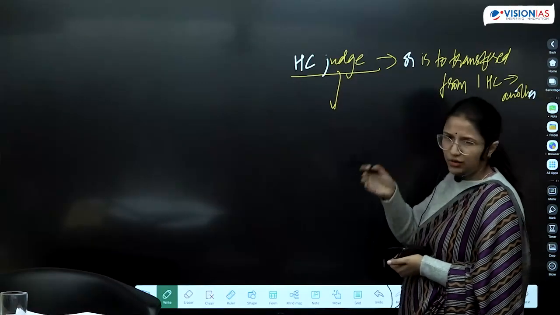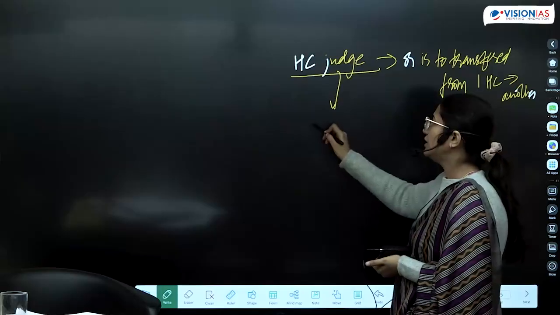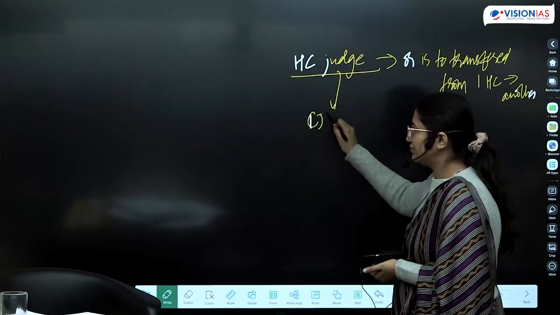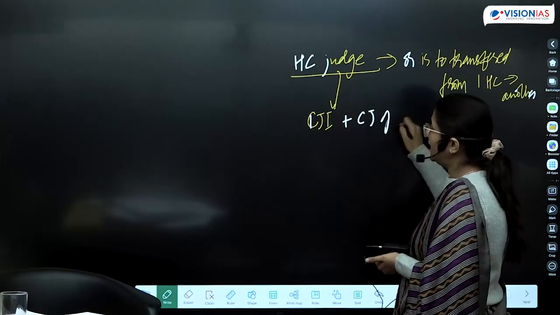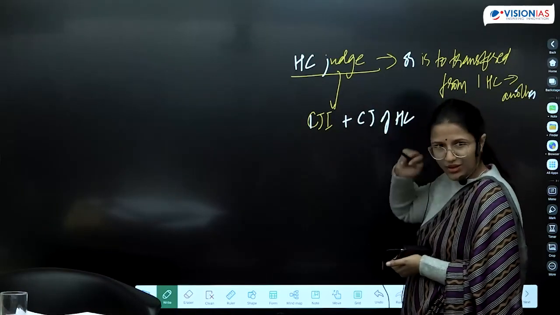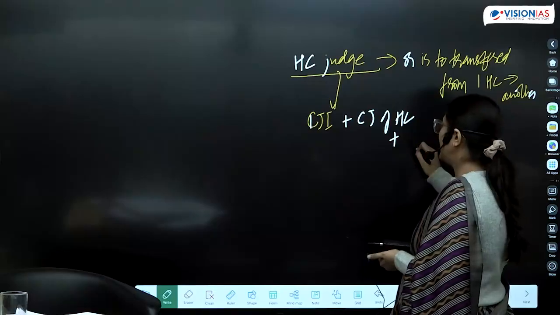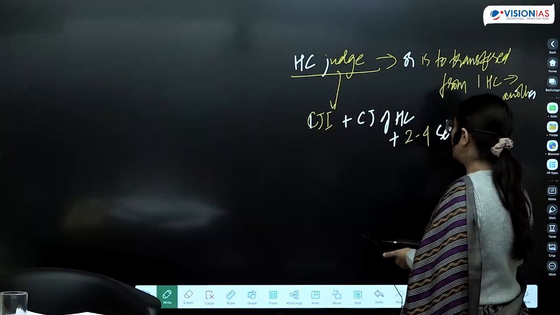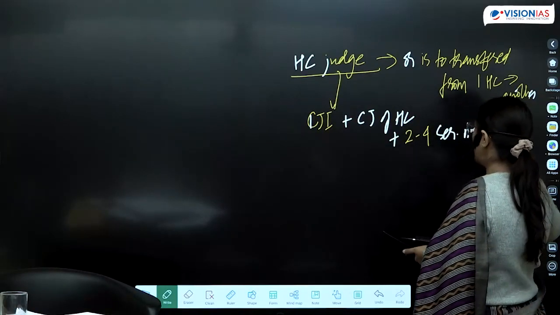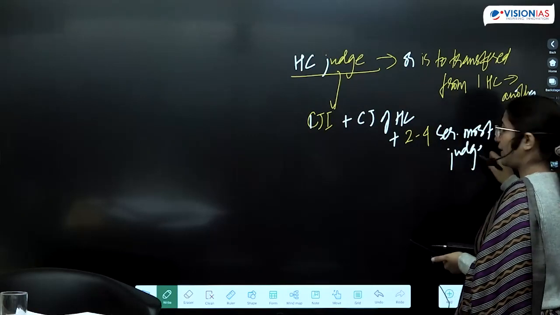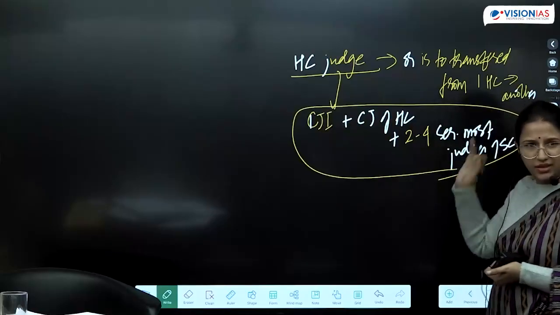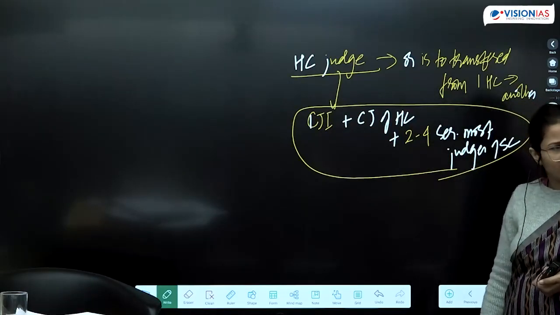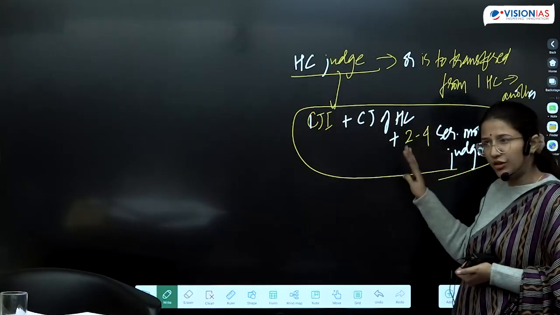In that case, the collegium will comprise the CJI, Chief Justice of India, the Chief Justice of the High Court in which he is to be appointed, plus once again 2 to 4 senior most judges of Supreme Court. They will discuss and deliberate whether this person should be appointed as judge of High Court or not.